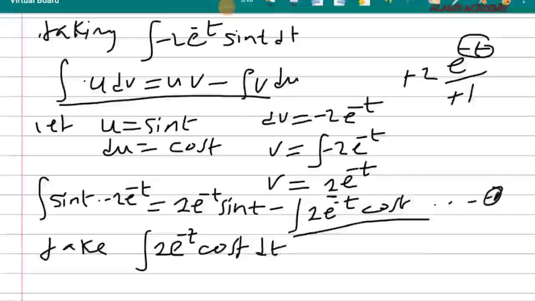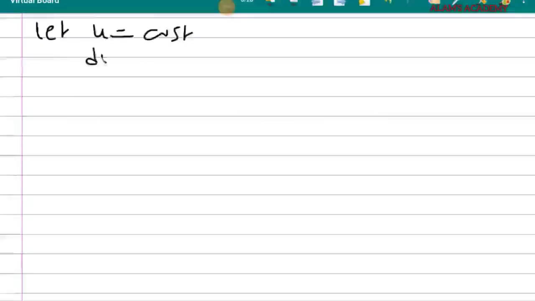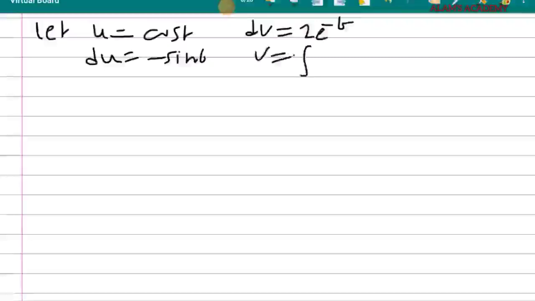Okay, so from this, let u be equal to cos t, implying that du is equal to negative sine t, and dv to be equal to 2 e exponent negative t, implying that v is equal to the integral of this, and v is finally equal to negative 2 e exponent negative t.